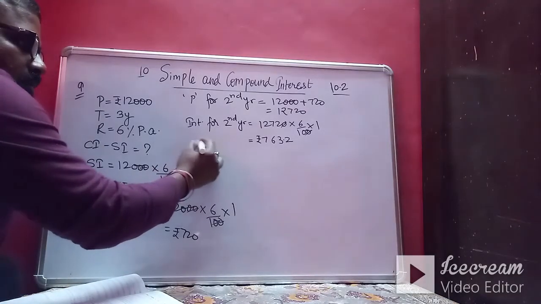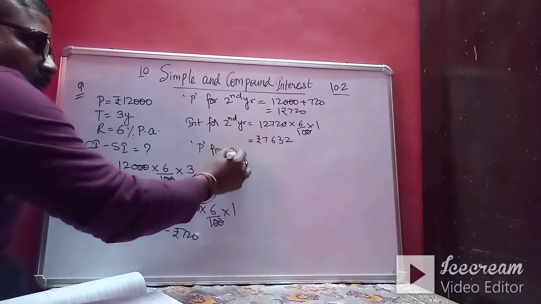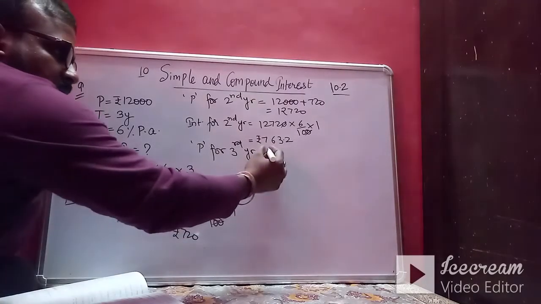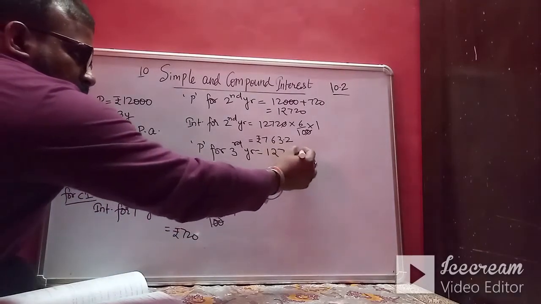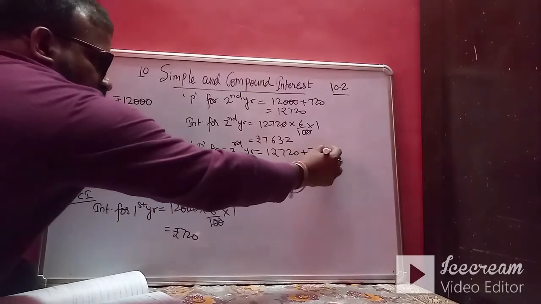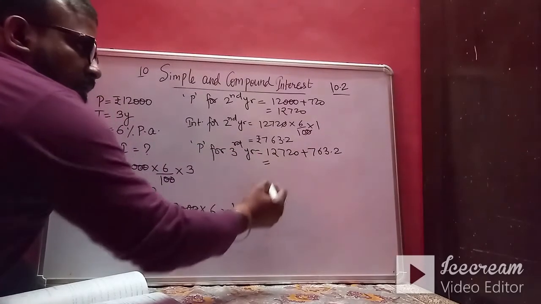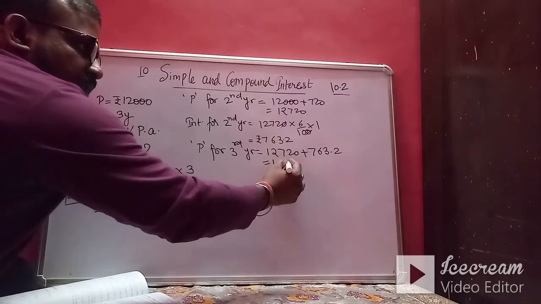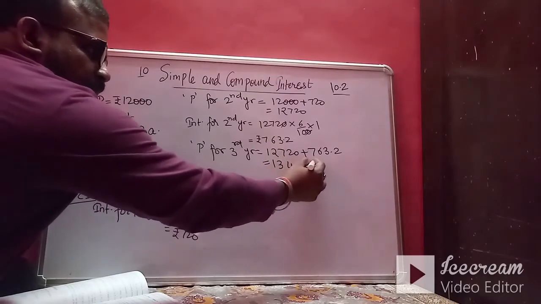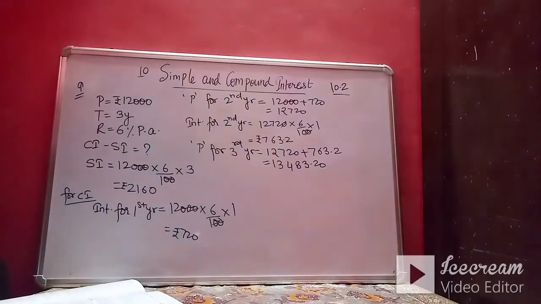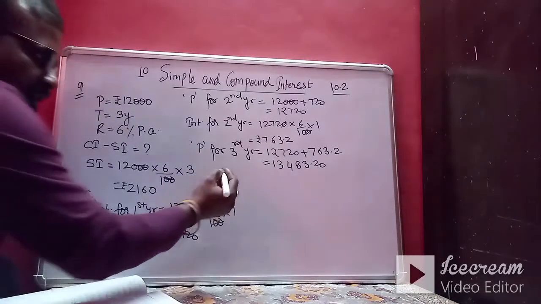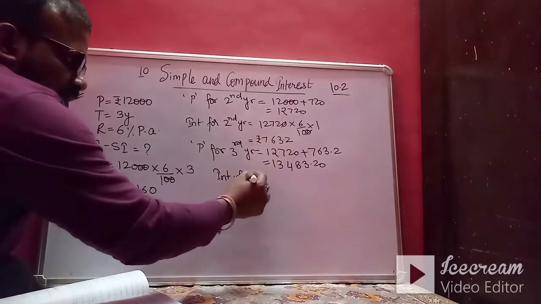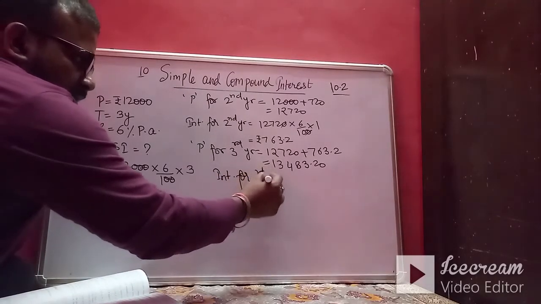Then P for third year we will calculate. It will be 12,720 plus 763.2, that is 13483.20. So this will be the principal for the third year. Then we will have to calculate interest for third year.